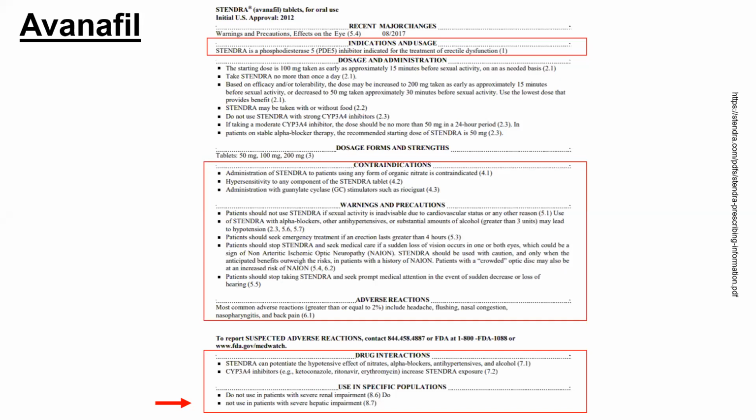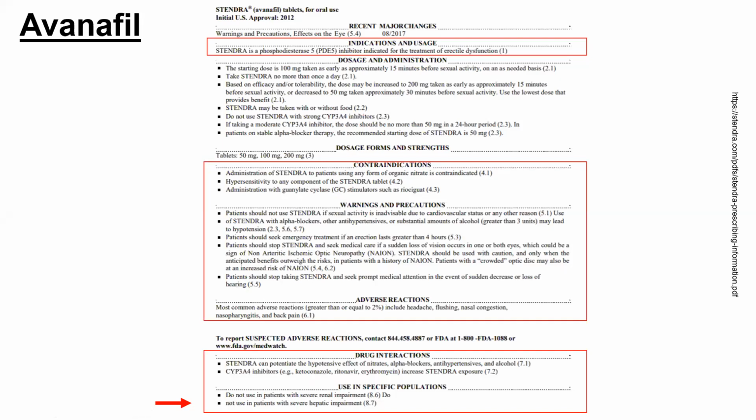The other drug in this class is avanafil, which has the same indication, same mechanism of action, PDE5 inhibitor, and you can see in the boxed information, it's basically similar to what we saw in the previous drug. Don't use it with drugs that activate guanylyl cyclase, which have a similar effect. One thing which is different between this drug and the previous one is use in a specific population.